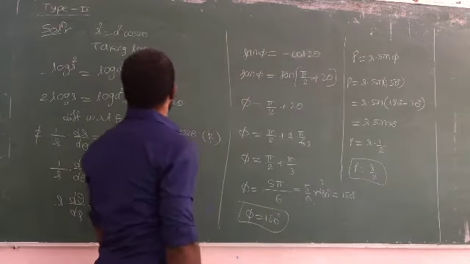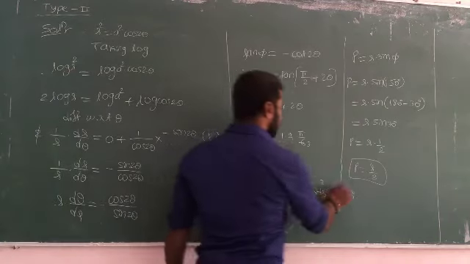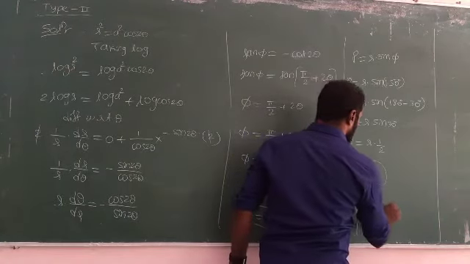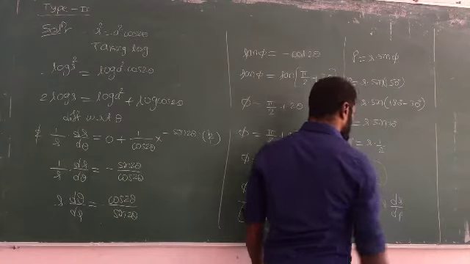But now we have to find rho. Rho is equal to r into dr by dp.